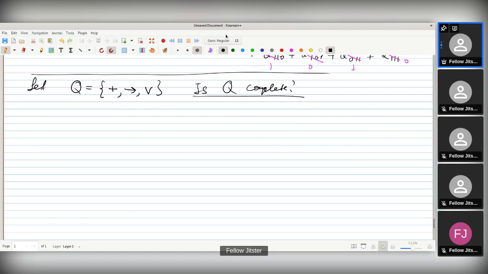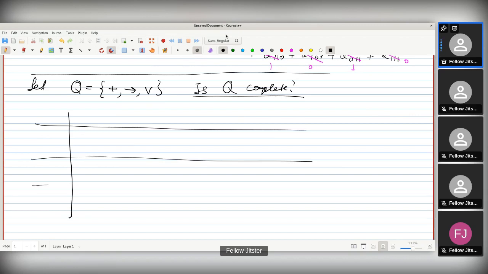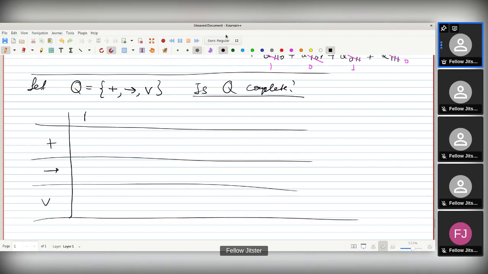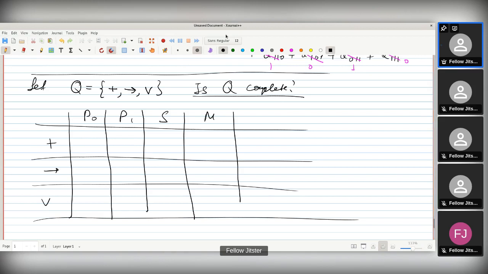How can we say whether it is complete? Practically, it is enough to check each of our functions for being an element of each of our closed sets: self-dual, monotonic, linear.